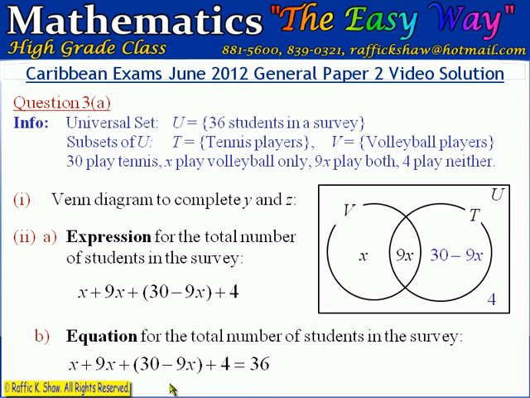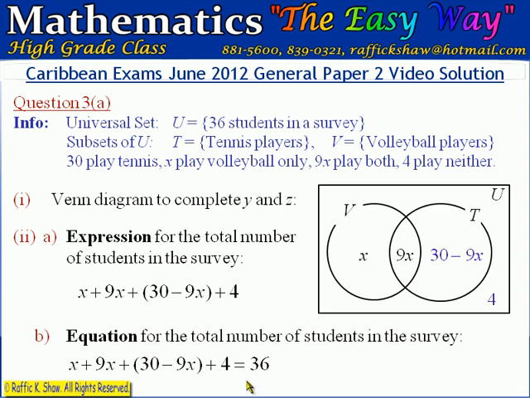All we need to do now is solve this equation for x. We can see that this 9x will eliminate this negative 9x, and then 30 plus 4 is 34. So what we have really is that x plus 34 is equal to 36.